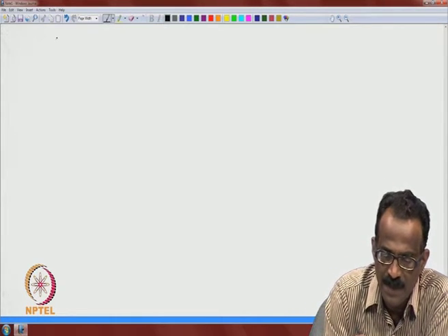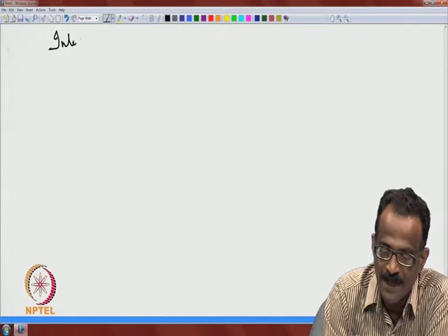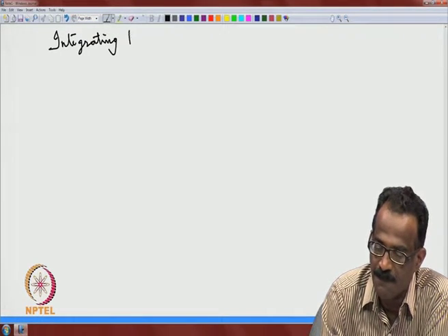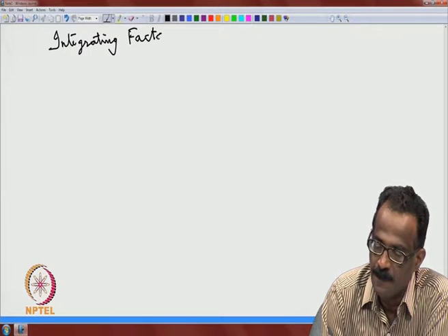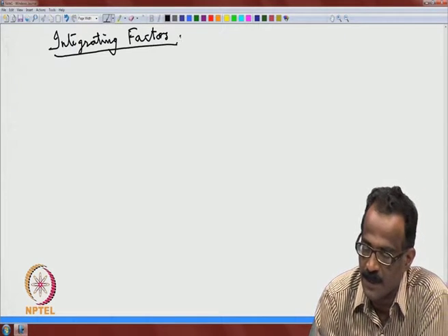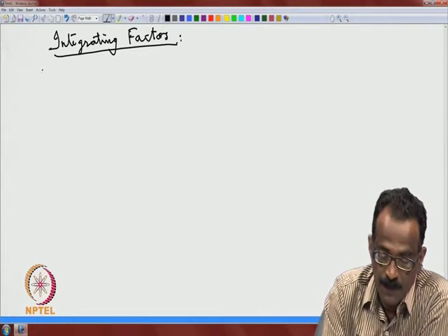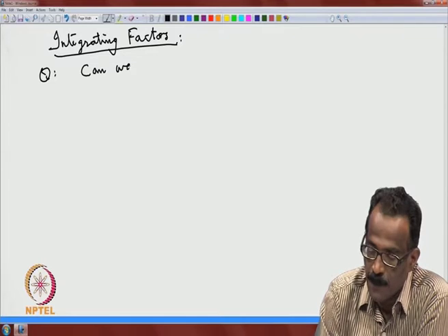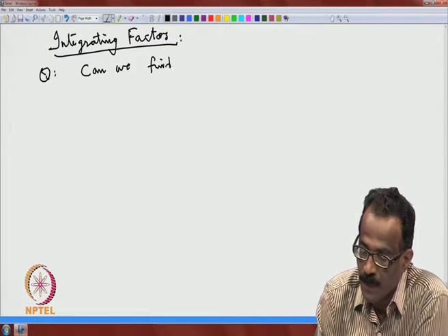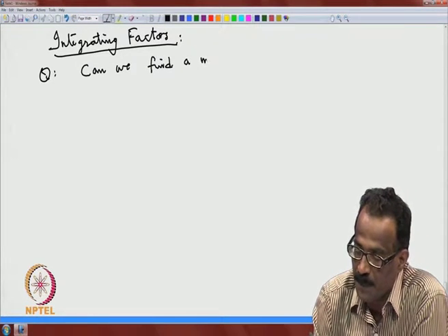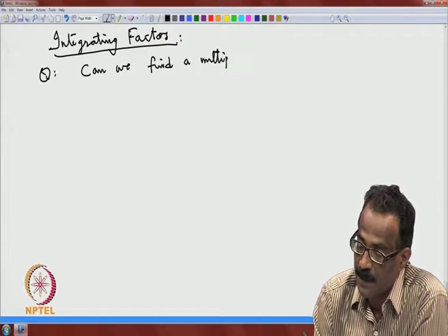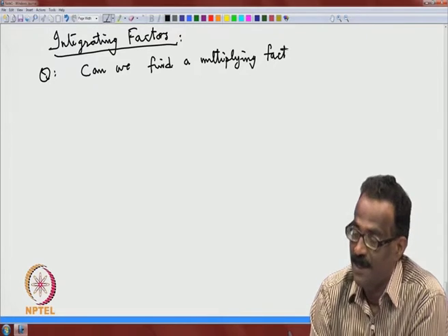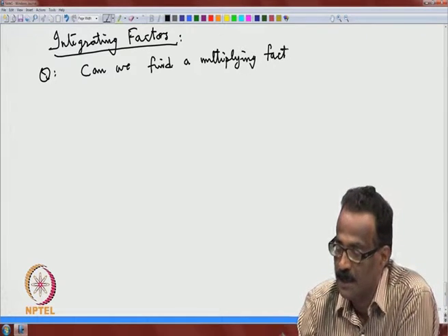So that again leads to what are called integrating factors in general differential equations. The question is again, can we find a multiplying factor, which you have already seen in the linear first order differential equation.